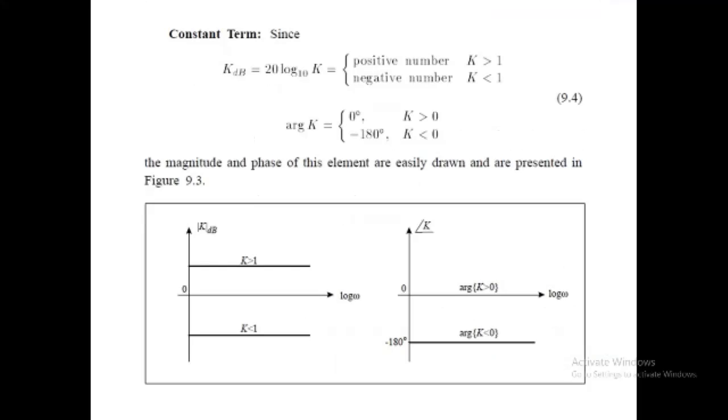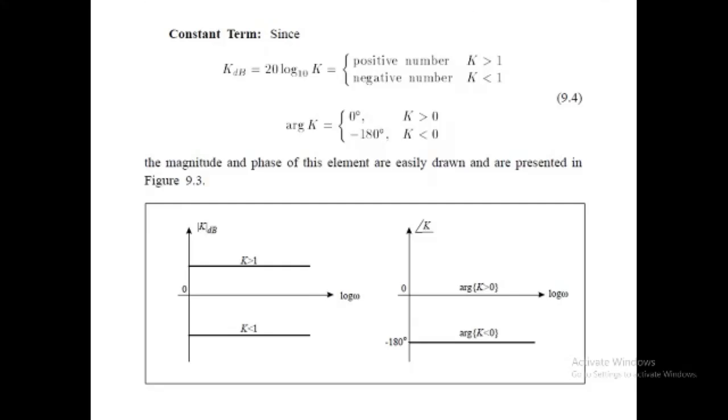It is a positive number for K greater than 1, and a negative number for K less than 1. The argument of K is equal to 0 degrees for K greater than 0, and it is minus 180 degrees for K less than 0.